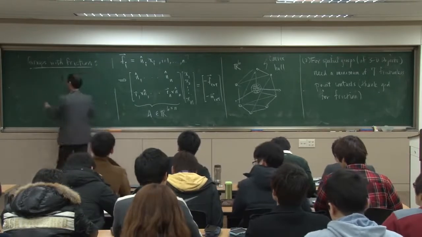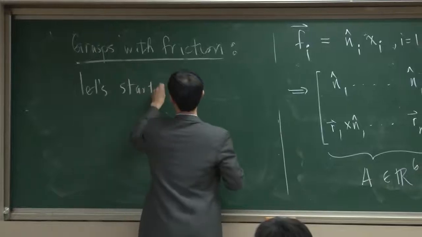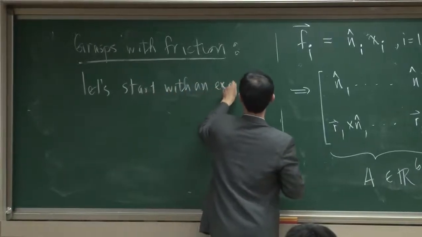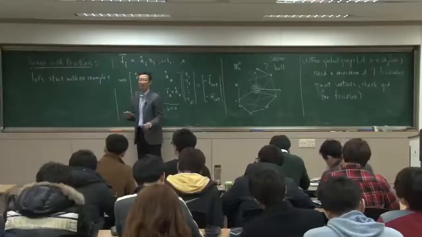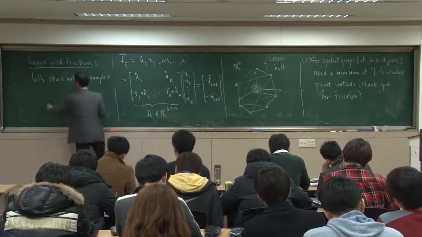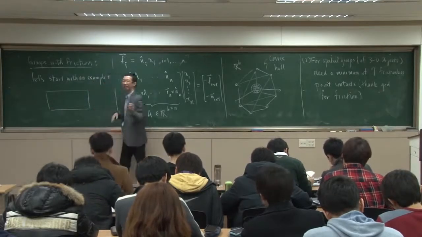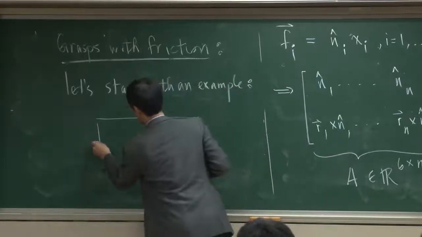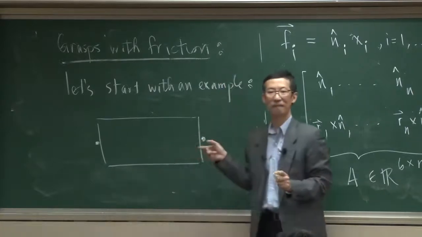Let's start with a similar example. So let's have a rectangle. This time I have 2 point contacts, but now they have friction.